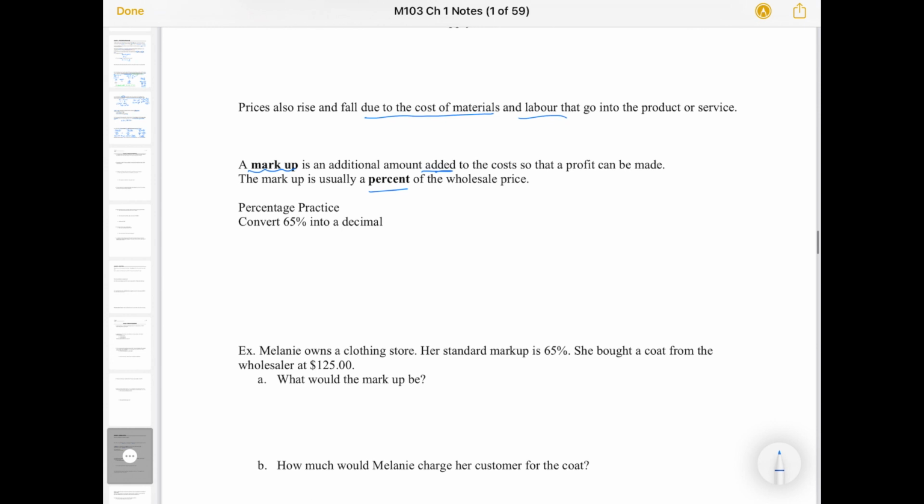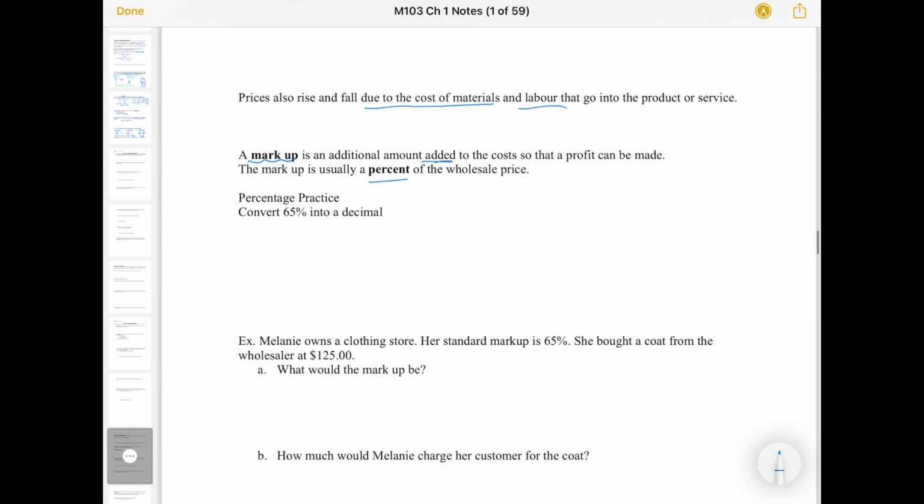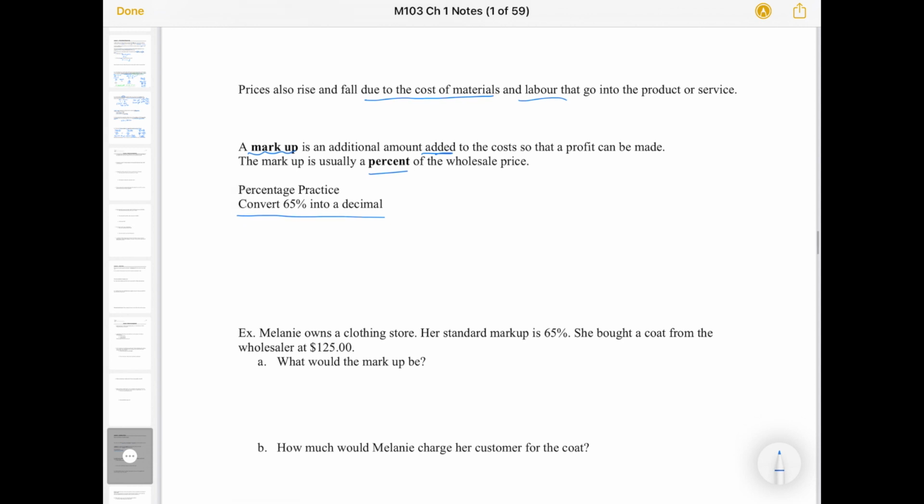So first, let's practice a little bit with working with percents. Whenever I deal with a percentage, I need to convert it into a decimal. So I'm going to convert 65% into a decimal. Well, percent is French for 100, and that's exactly what I'm going to do.